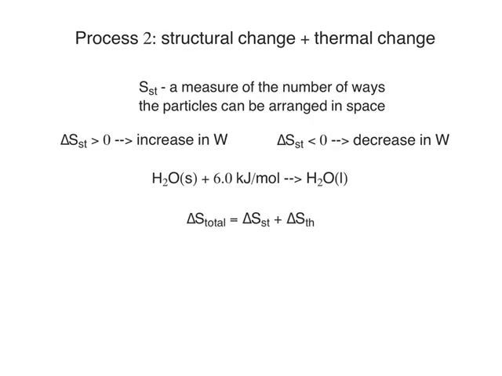The total entropy change for the process of melting is the sum of the changes in structural and thermal entropy. From our definition for delta S thermal, explain why it's unlikely for ice to melt at minus 5 degrees Celsius. On the other hand, ice is likely to melt at positive 5 degrees Celsius.